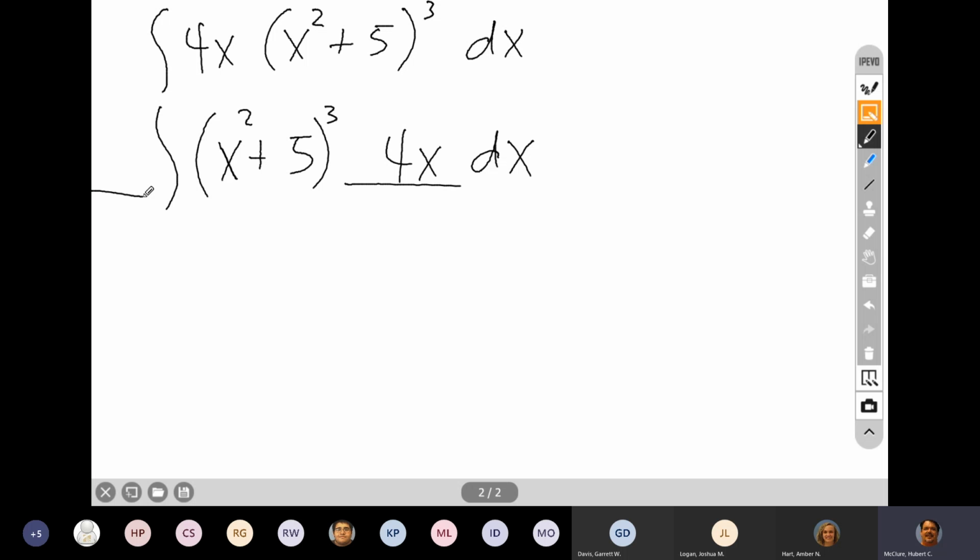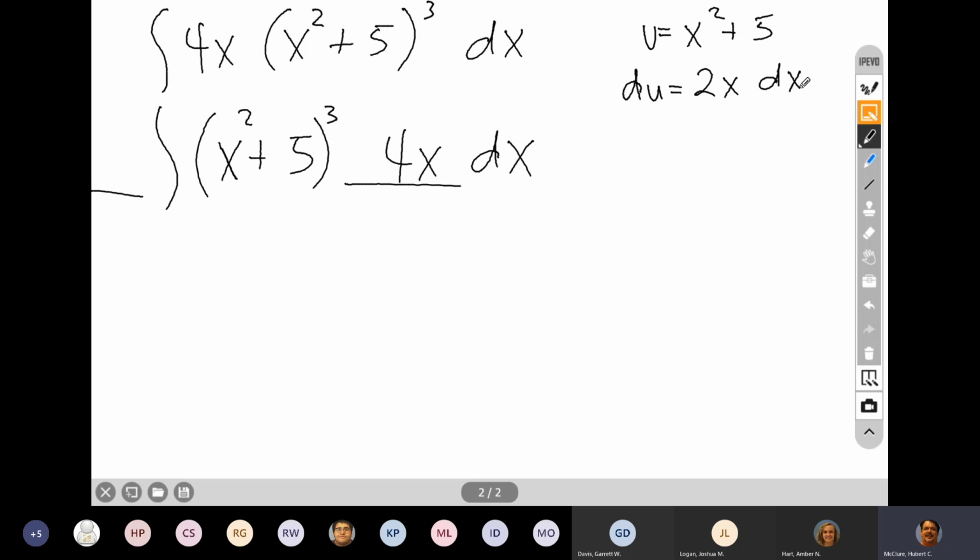U is going to be x squared plus 5. Somebody tell me what du is. 2x dx. What do we have? That means somebody in the class needs to answer. We want 2x dx. What do we have? 4x dx.